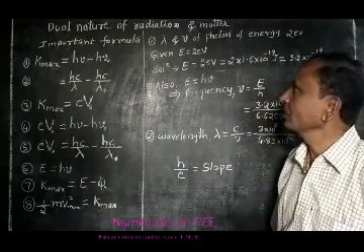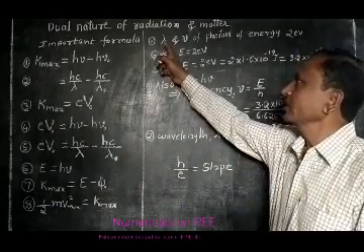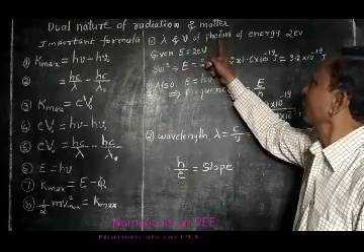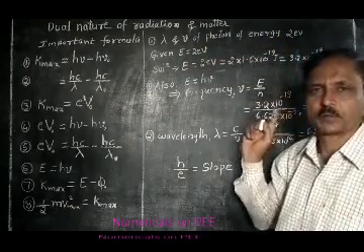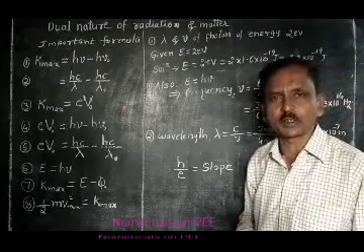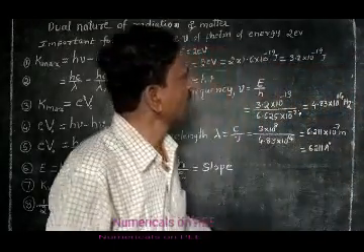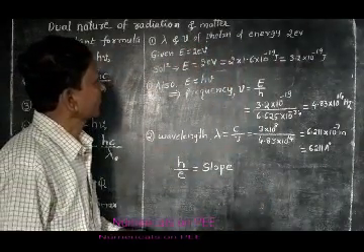Okay. Now, first problem: calculate wavelength and frequency of photon of energy 2 electron volt. Here energy of photon is given and you are asked to calculate wavelength and frequency of incident photon.